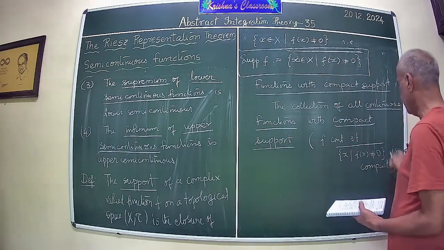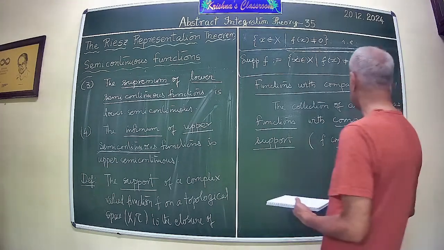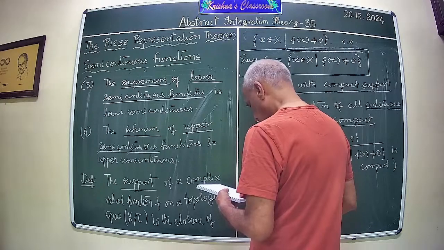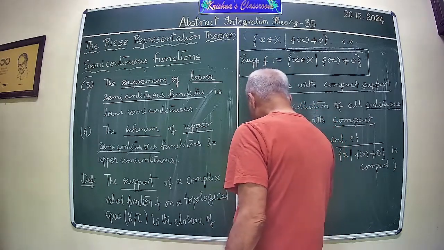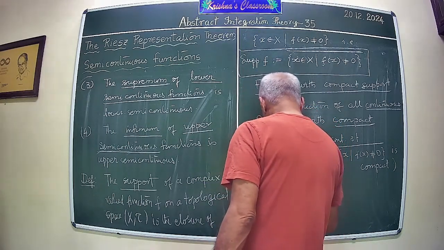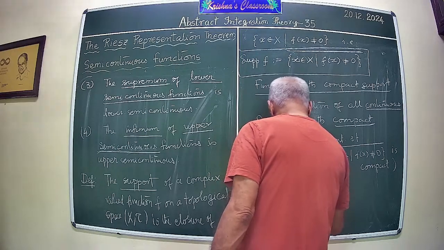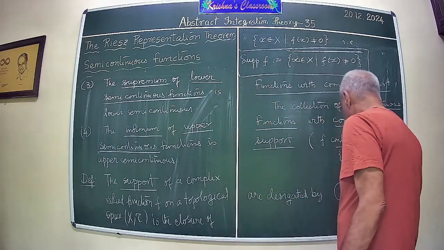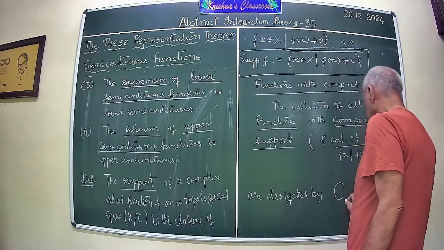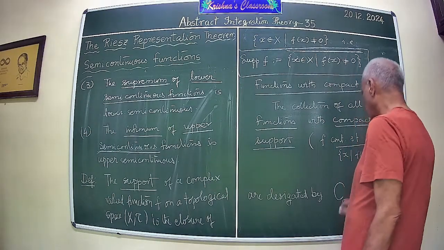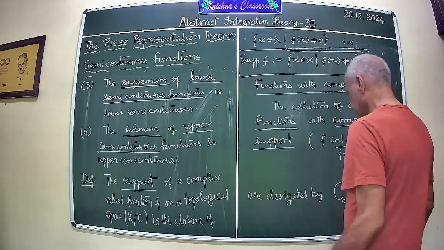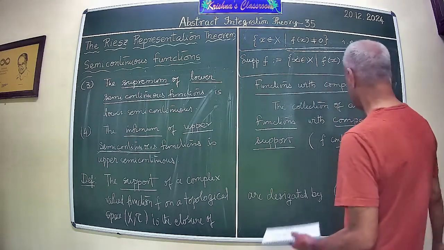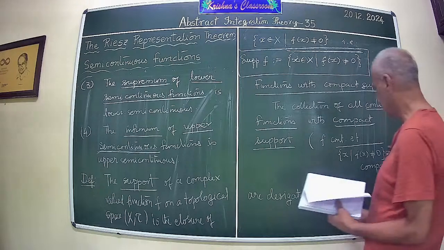So this is the condition that are designated by C, designating continuity, small c down, designating compactness. So it is called Cc(X).